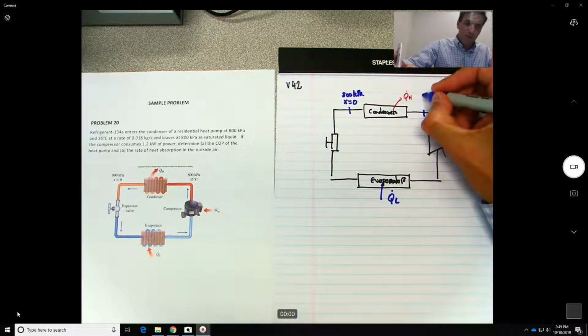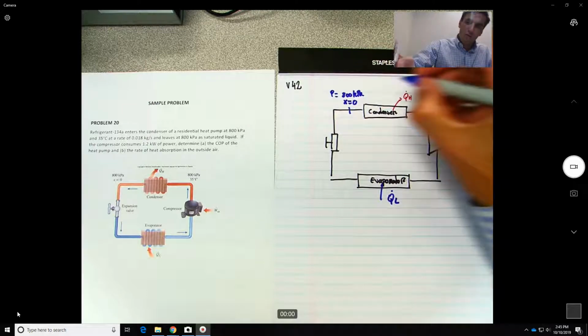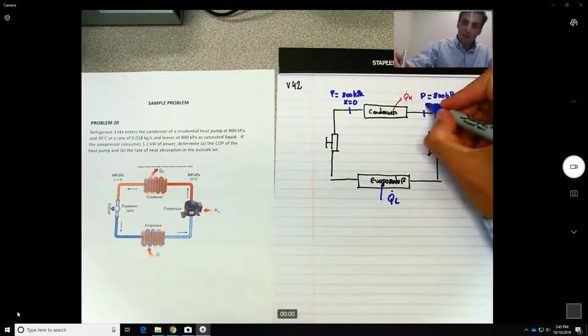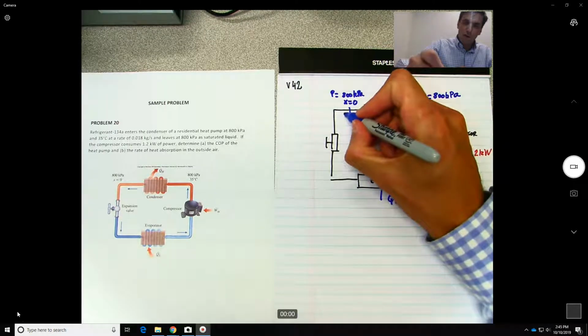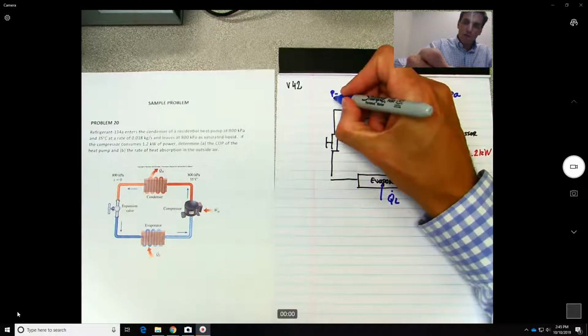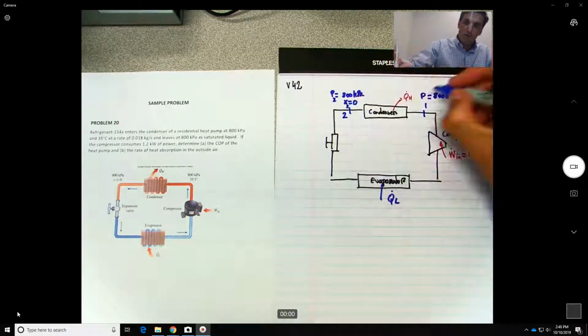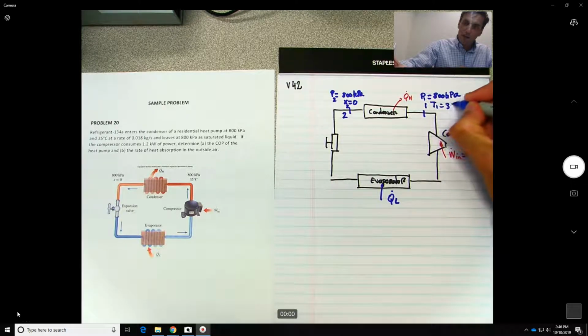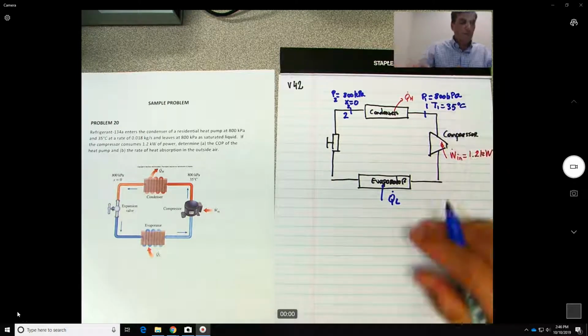Here the pressure is P equal to 800 kilopascals. So it says will be 1 and 2 over here. So this will be P2, x2, P1, and we know T1 will be equal to 35 degrees Celsius.